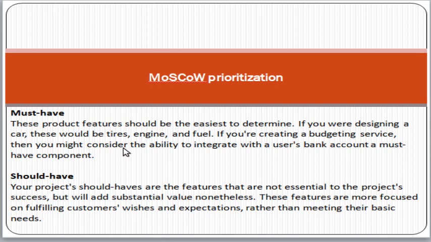How can you differentiate which feature should be must have and which should be should have? The main concept here is that if a feature is compulsory, meaning that without that feature the customer cannot do anything, then it must be a must have. If that feature is not compulsory, you can put it in the category of should have.